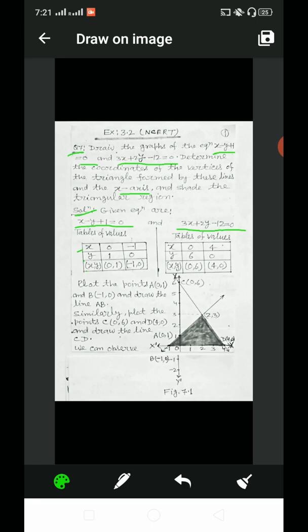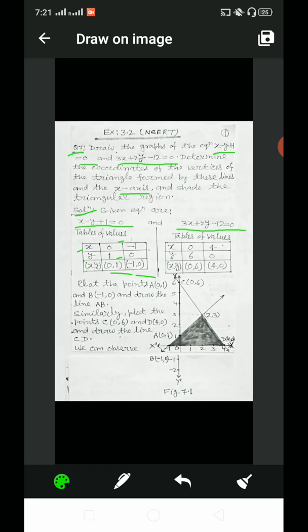If x is equal to 0, then y equal to 1 from the equation, and in coordinate form (0, 1). And if we take x equal to minus 1, then y is equal to 0, and in coordinate form (minus 1, 0).